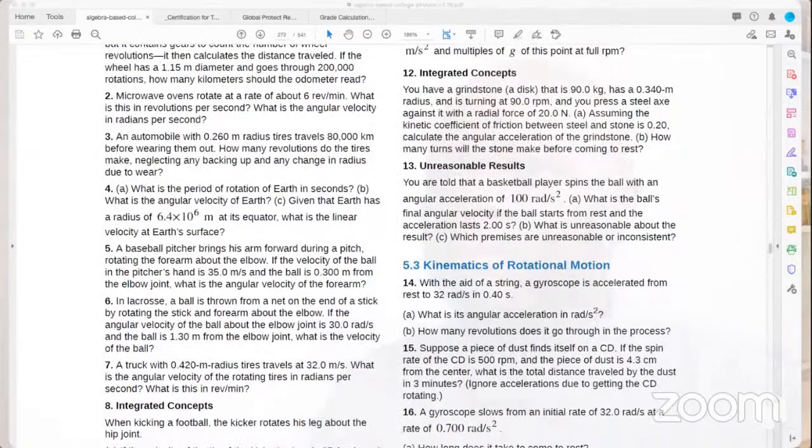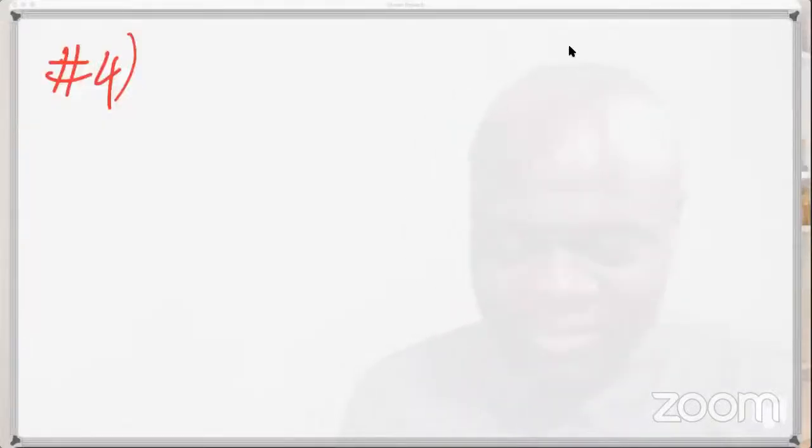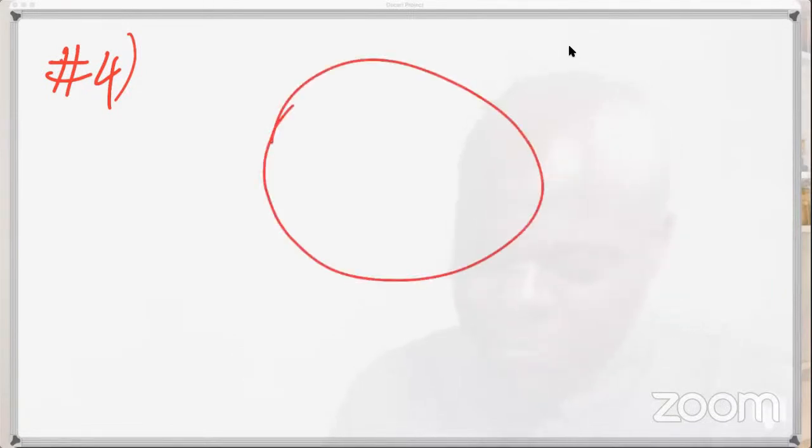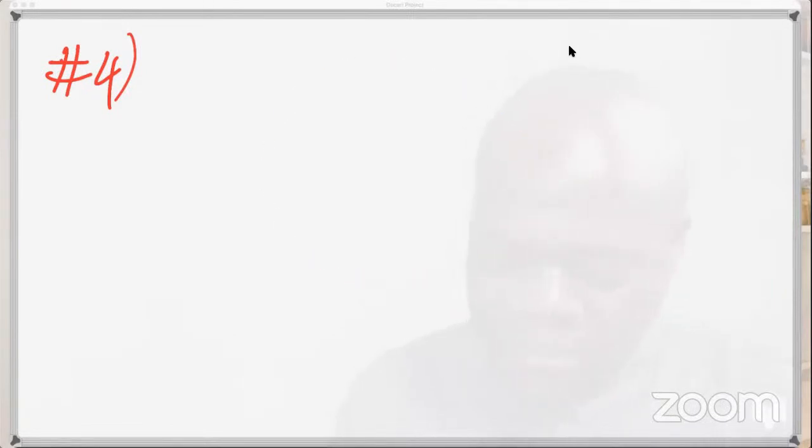I always draw it out first. Okay, so tell me what to draw. A circle. Okay, so I'll draw a circle, and then put your radius line. Okay, radius line.